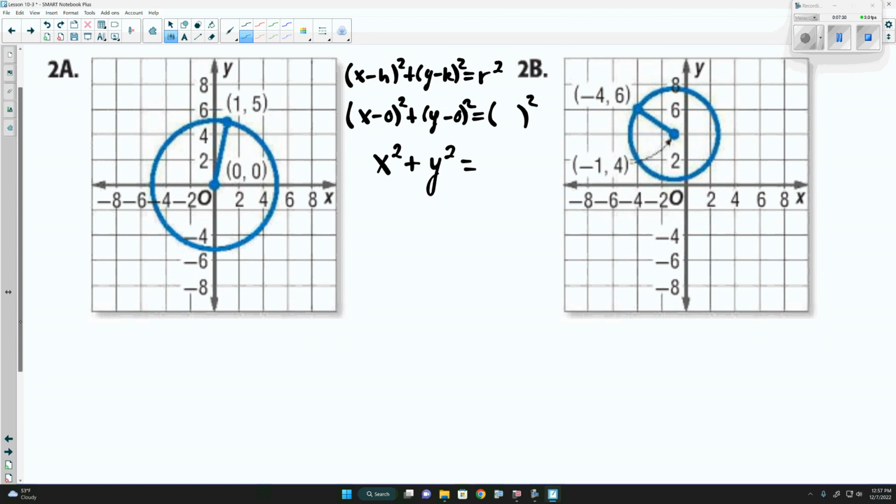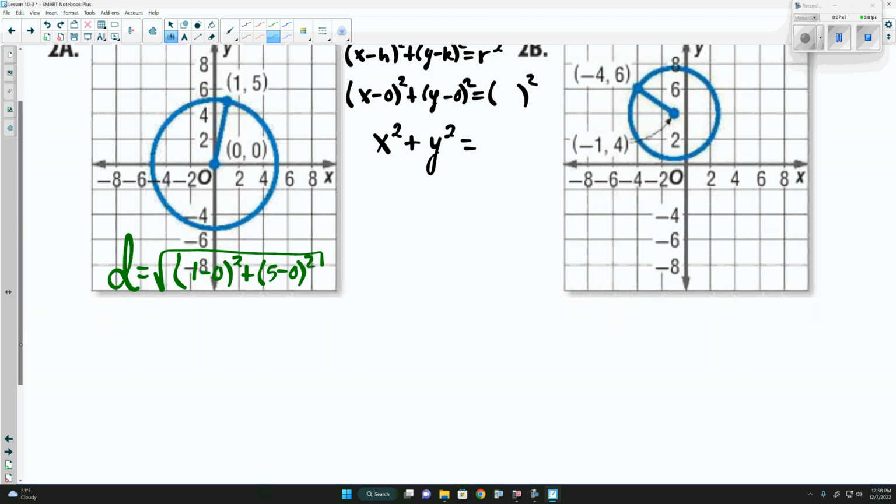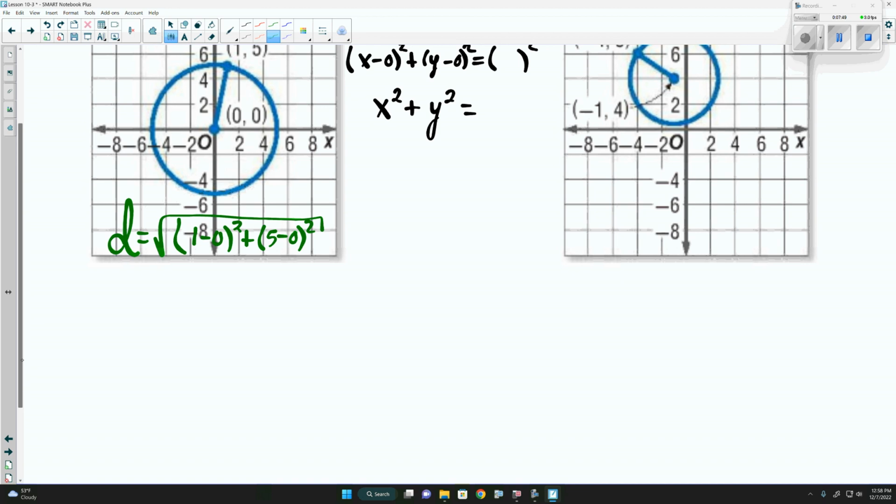Now the only thing we're missing is the radius. And we can find it by using the distance formula. So we can say the square root of (1 − 0)² + (5 − 0)². And again, when using the distance formula, we just need to make sure the x values are together, the y values are together, and we simplify.